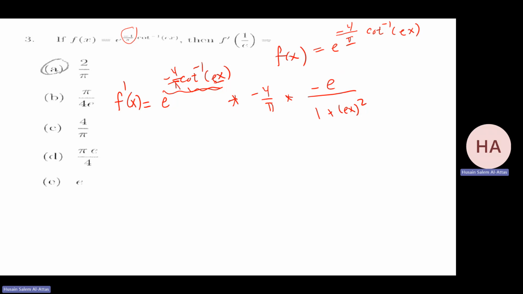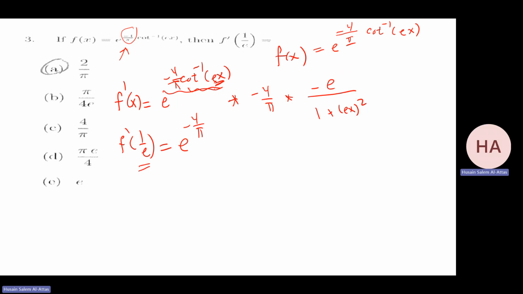Let me check. I'm not sure whether it is correct or not. F prime of 1 over e. I'm not sure about this number. We'll see. That will be e. Now substitute in 1 over e. So I have cotan, this is minus 4 over pi.